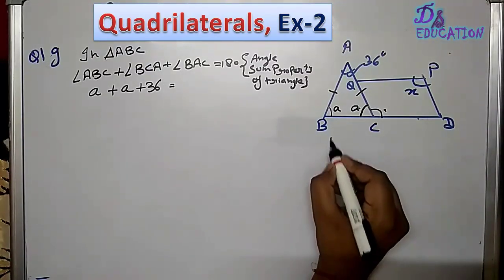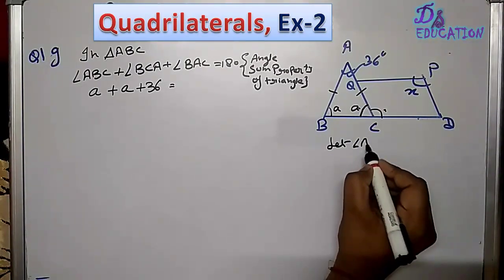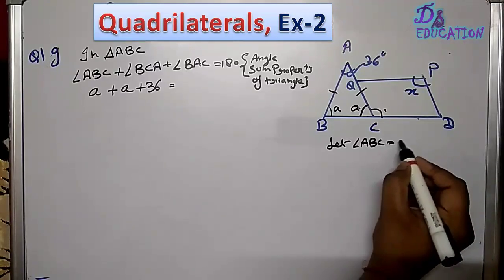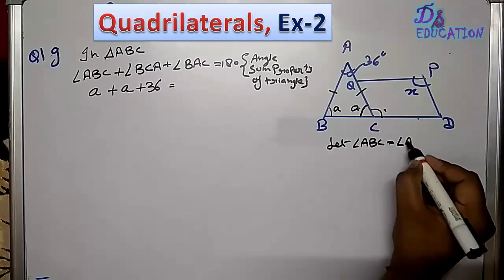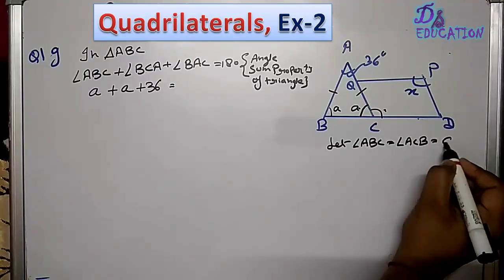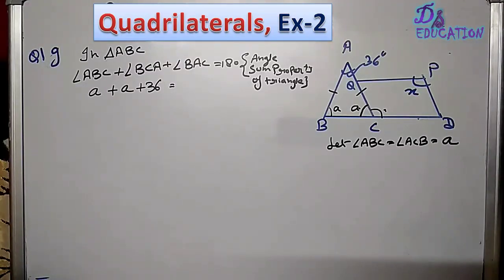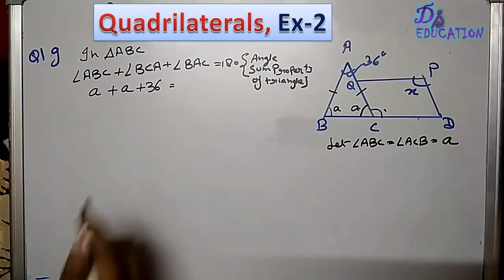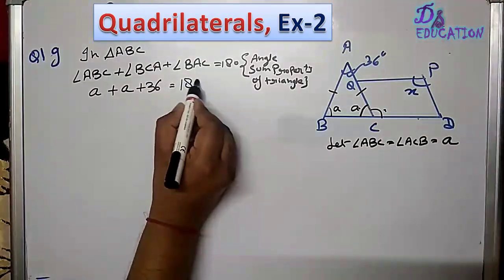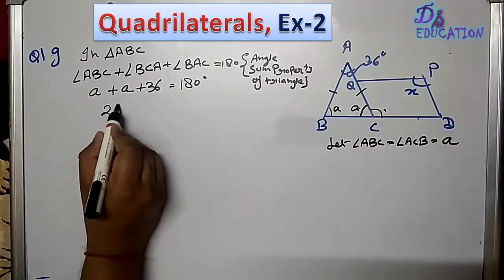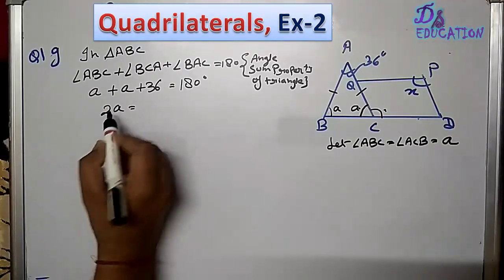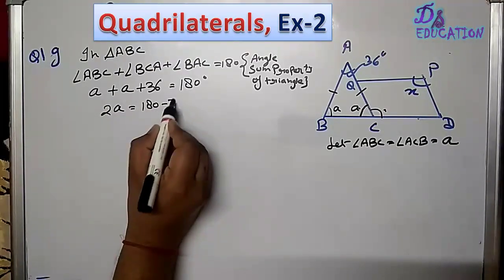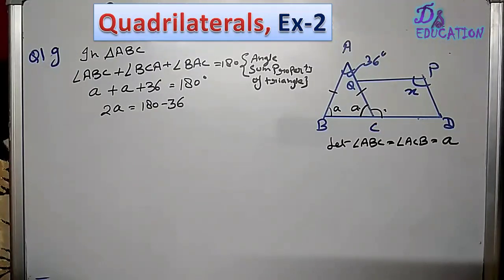Let angle ABC is equal to angle ACB is equal to A, okay. It will help me to find out the value of A. Now here, 180 degree. Now 2A is equal to A plus A. 2A is equal to 180 minus 36.